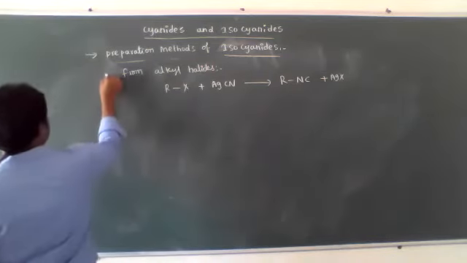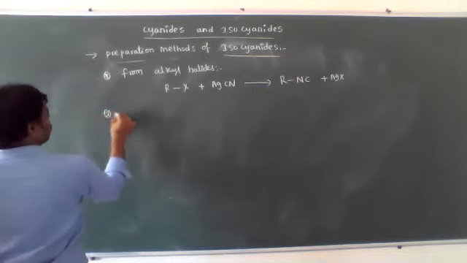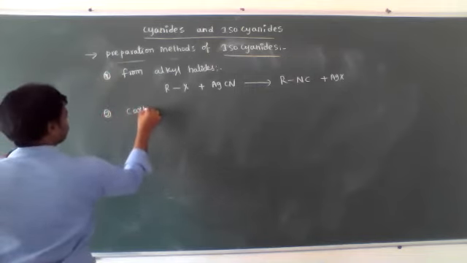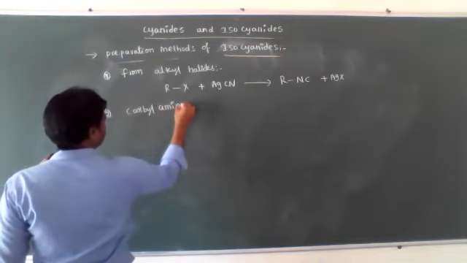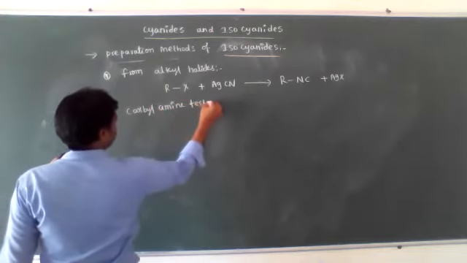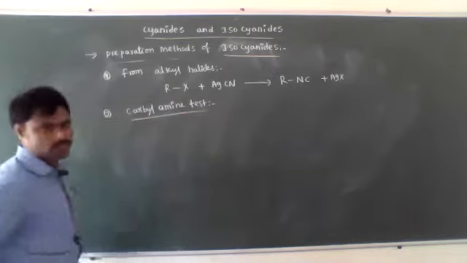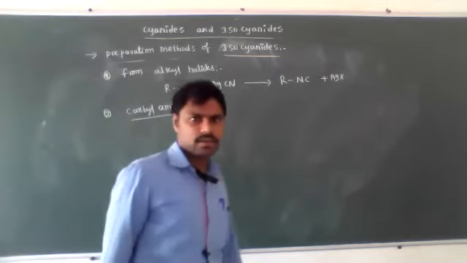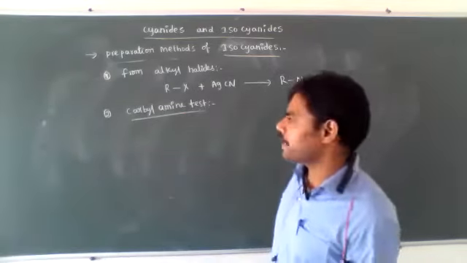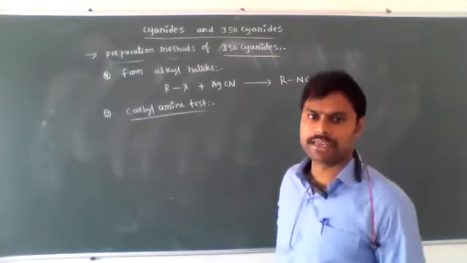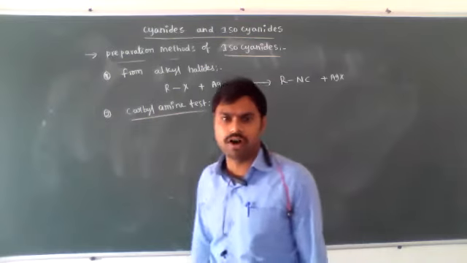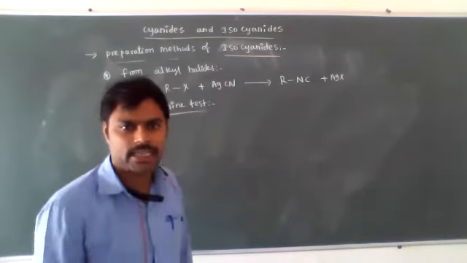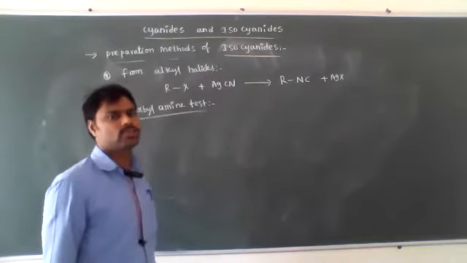The second one is the carbylamine test. This we also discussed earlier in amines, primary amines. Aliphatic or aromatic primary amines react with chloroform in the presence of alcoholic KOH and give isocyanides.